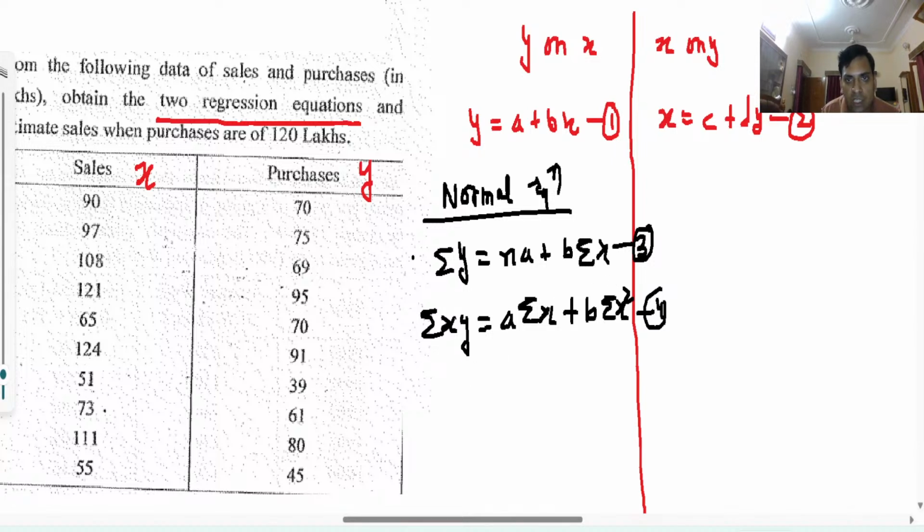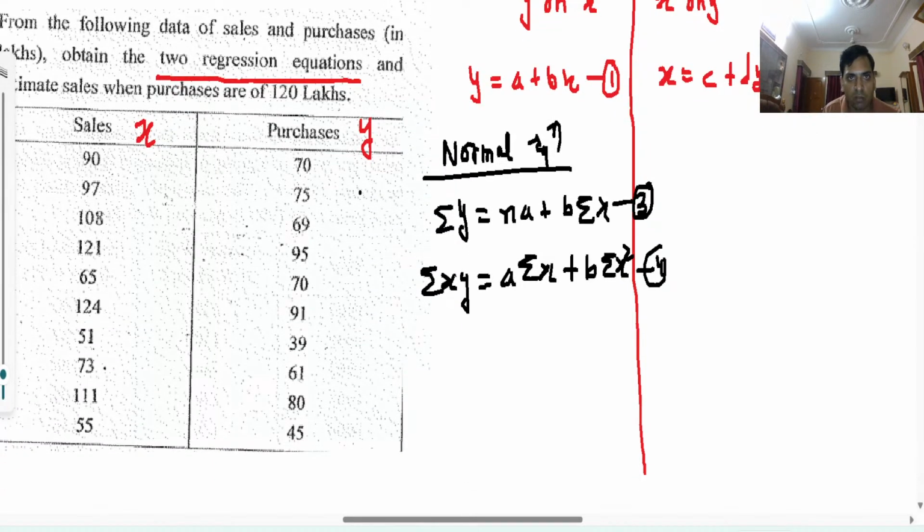For these two equations, we need summation y, meaning the summation of this column, which you can find easily by adding the column, and summation of x similarly. You also need summation xy and summation x square. So you will create two more columns in this data set.